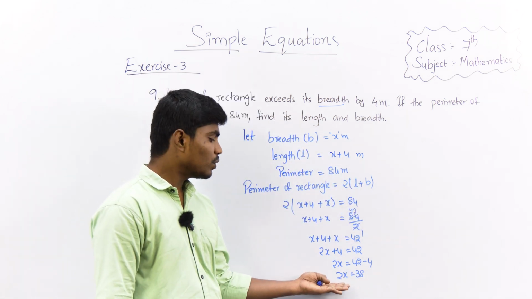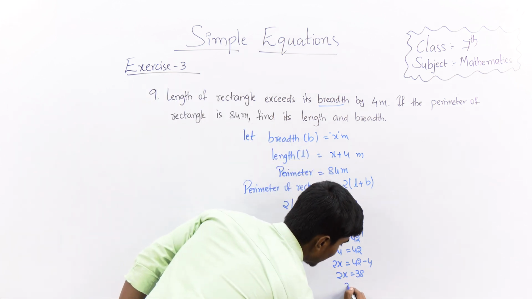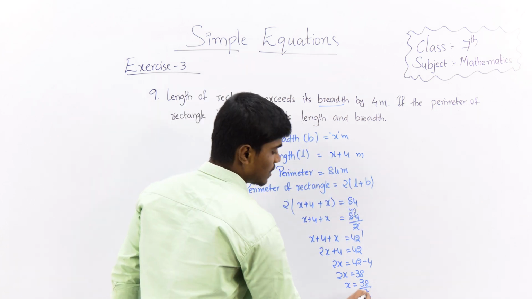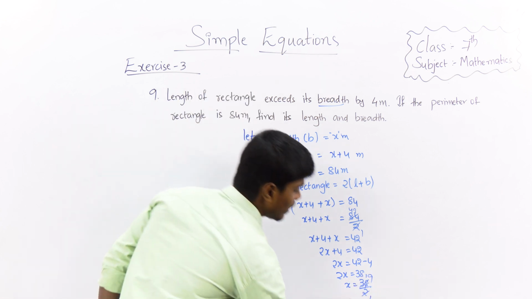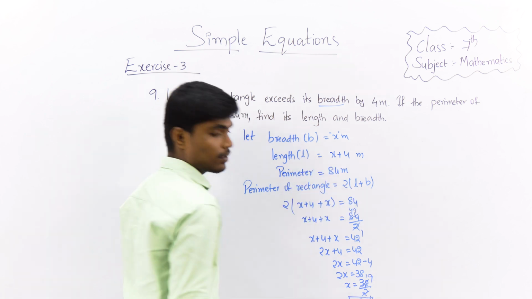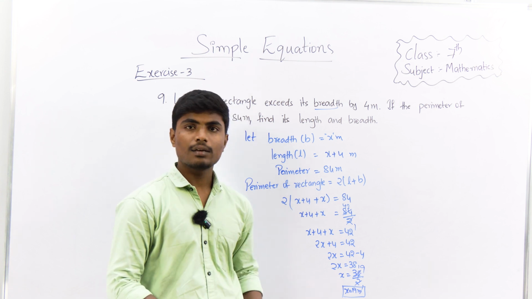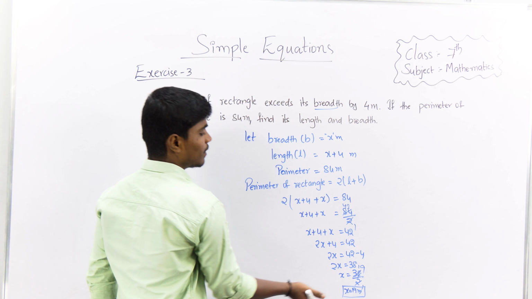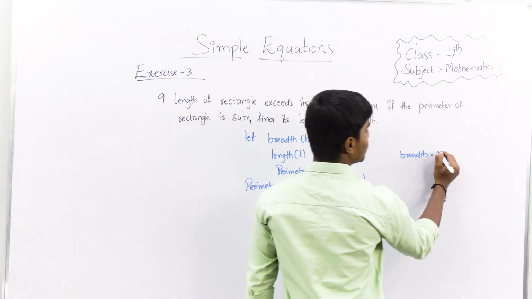We move 2 from the left side to the right side, so x is equal to 38 by 2, which is 19 meters. Here x is the breadth, so breadth is 19 meters.